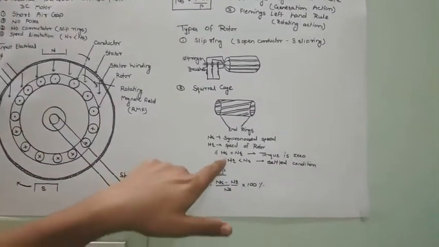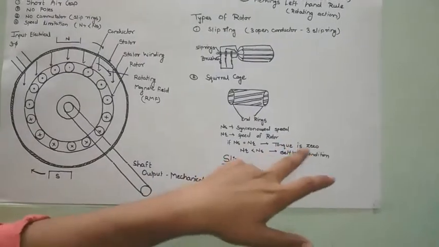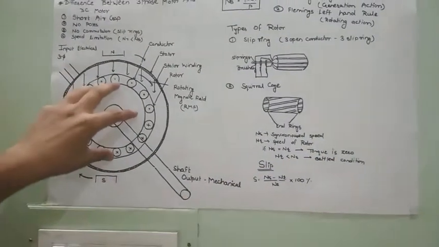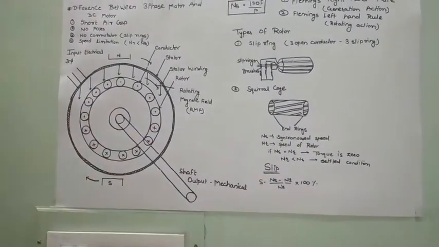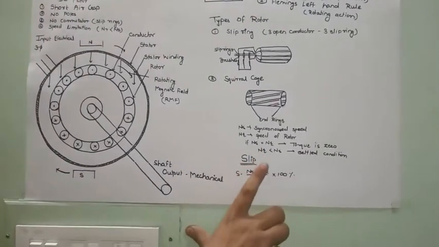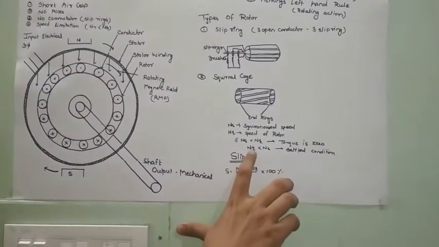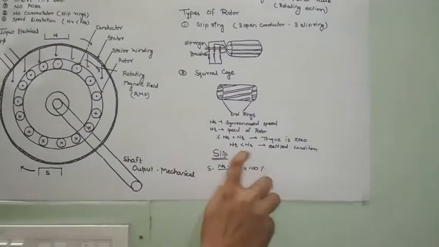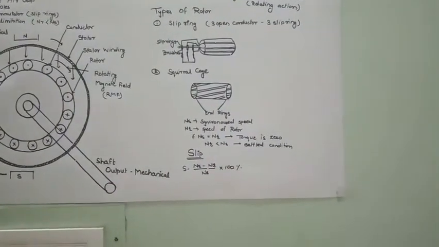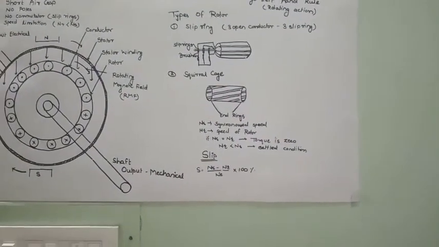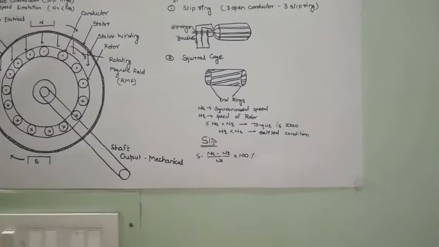When Ns is equal to Nr, the torque is zero, so the motor stops. So the speed of the rotor is always less than the synchronous speed, that is the speed of the rotating magnetic field, in the settled down condition.